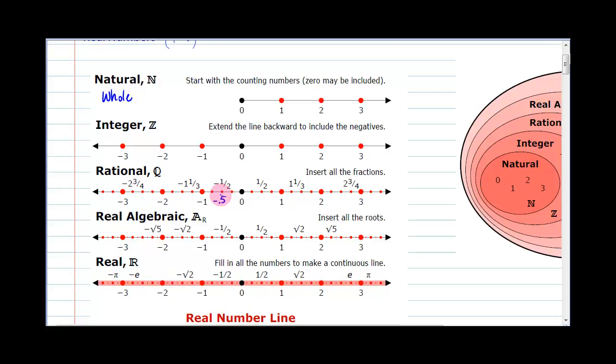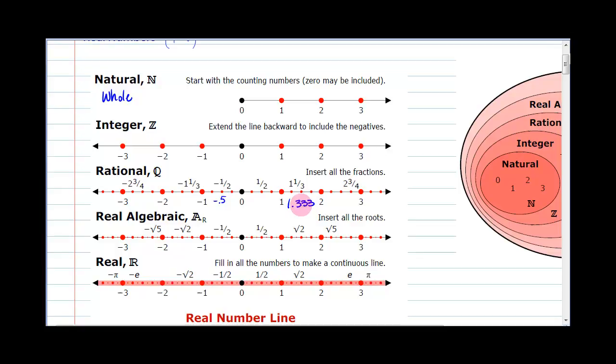Or let's say I had the number 1 1/3. If I wanted to represent the number 1 1/3 as a decimal, I could write it as 1.333. And the 3's, if we did this on our calculators, would go on forever.